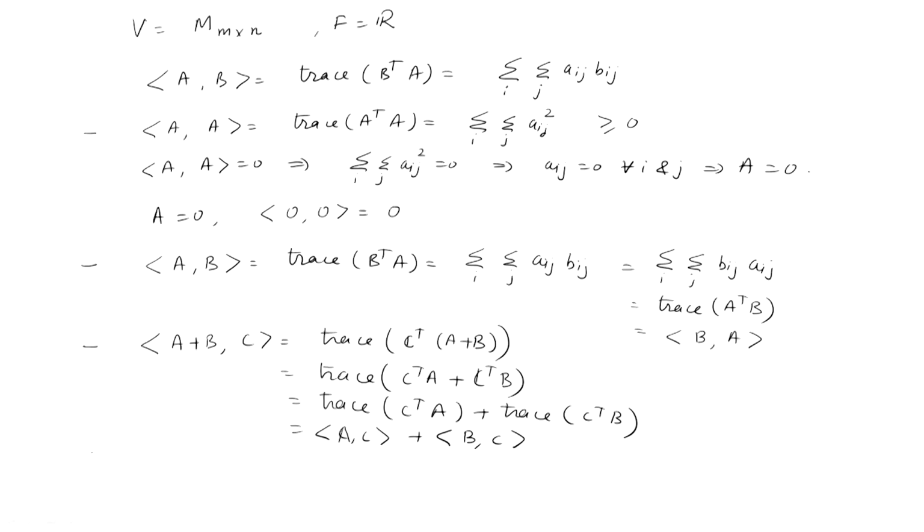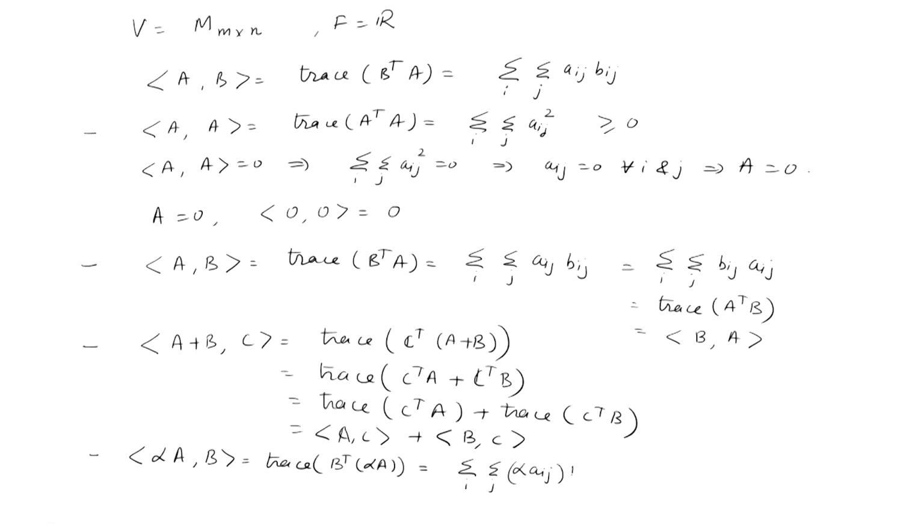Now, for the last property, the inner product of alpha A comma B is equal to trace of B transpose alpha A, which can be written as the summation over i, summation over j, where we replace Aij by alpha times Aij, because we are multiplying A with alpha.